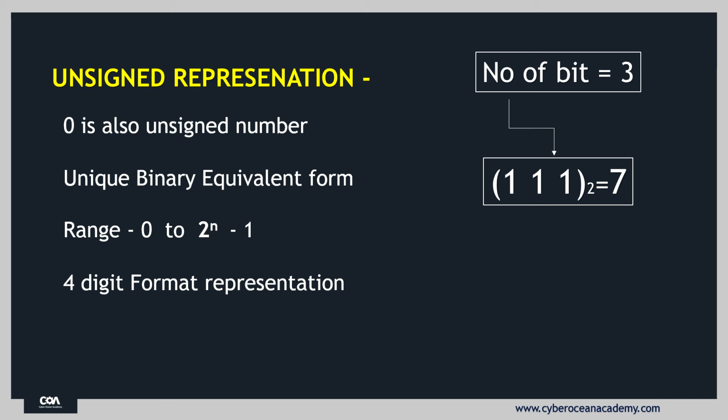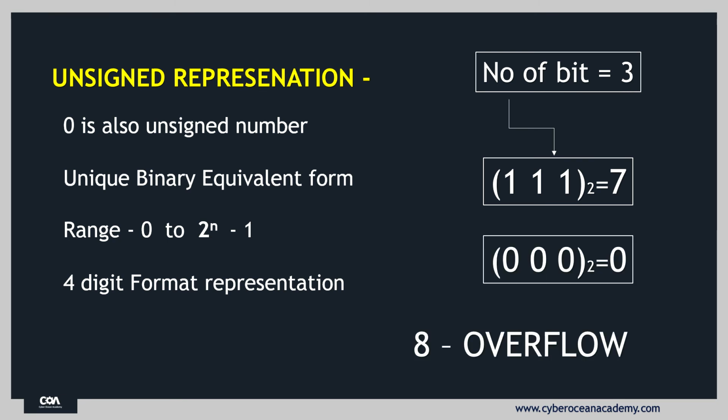The minimum possible value with 3 bits is resetting all the bits, that is 000, which in decimal is 0. So the range is from 0 to 2 to the power n minus 1; for n equal to 3, 2 to the power 3 minus 1 is 7.